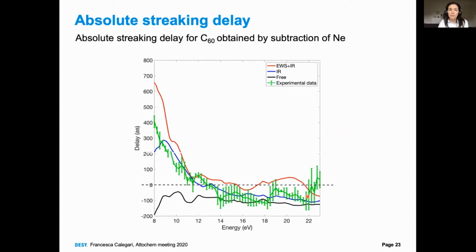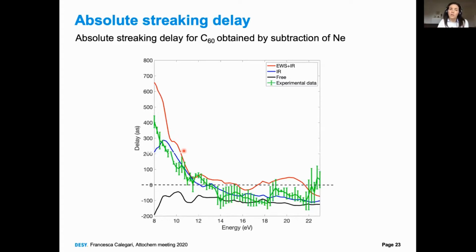And as you can see, we also are preliminarily trying to fit this trend with some calculations, although not really easy for C60. And basically the blue curve and the red curve indicate calculation in the presence of the IR field only, so this is the IR-induced dipole contribution, and the XUV plus IR. So in this case, we activate the plasmonic resonance induced by the XUV.